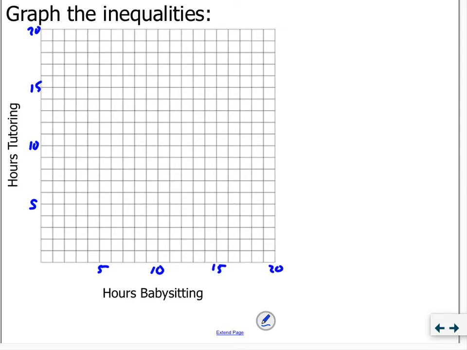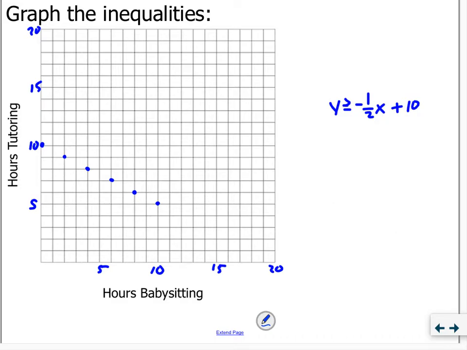Great. So the first inequality that we had was y is greater than or equal to negative 1/2 x plus 10. Let me go where 10 is. My scale is 1 box is 1 unit, so I'll go down 1, to the right 2, and keep that pattern going.